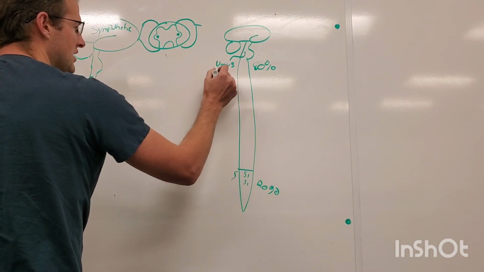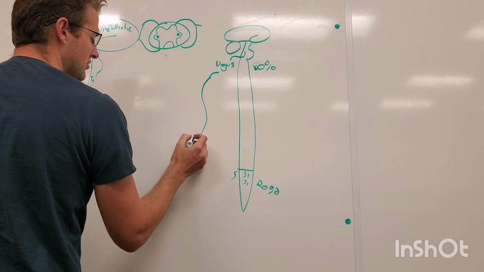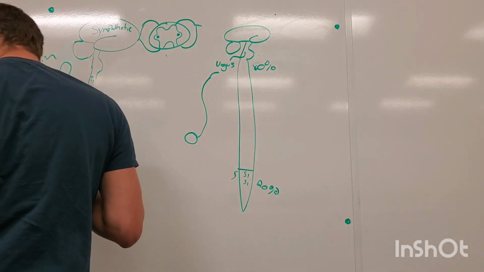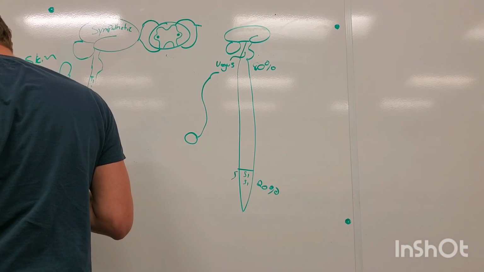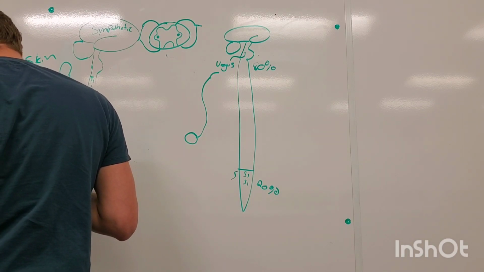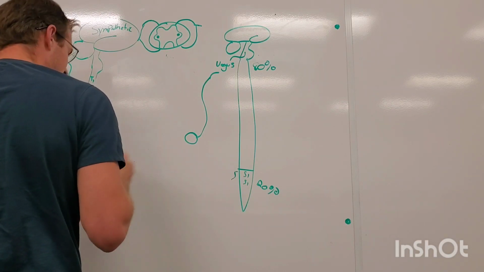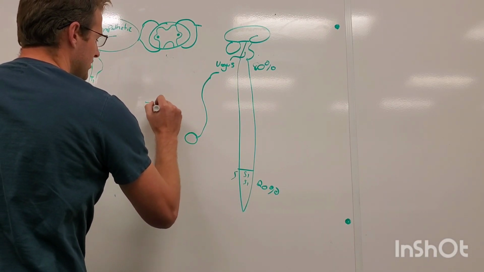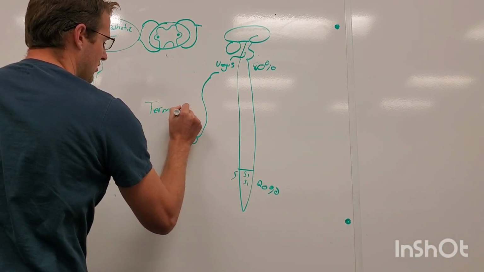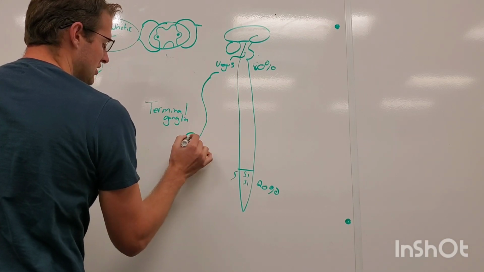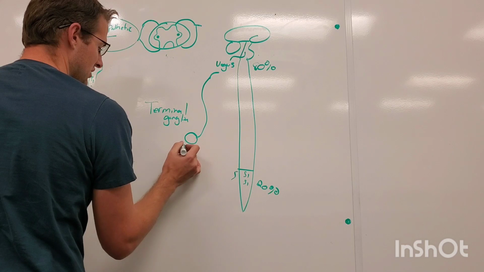And these are going to go down, and they're going to innervate at what's called a, I believe it is a peripheral ganglion, terminal ganglia. So this is going to be a terminal ganglia, which is going to be right adjacent to the target or the effector organ.